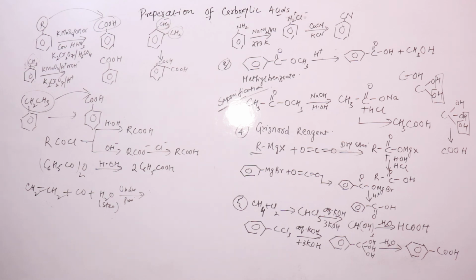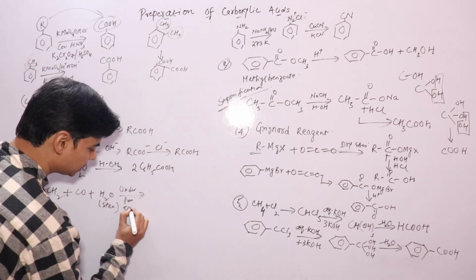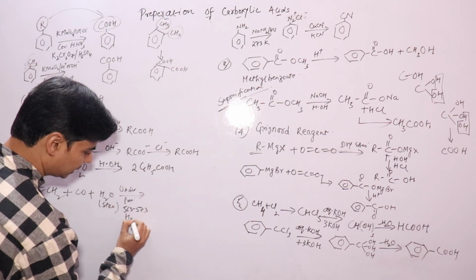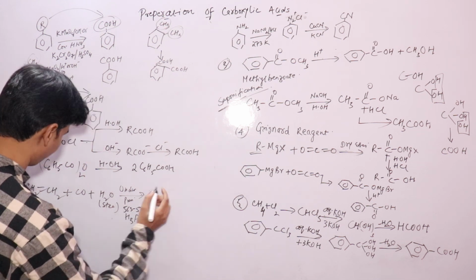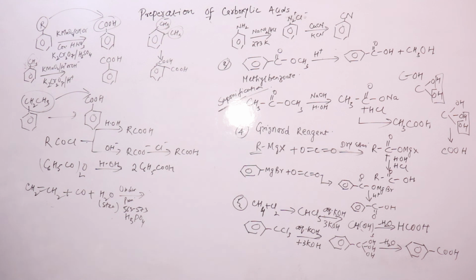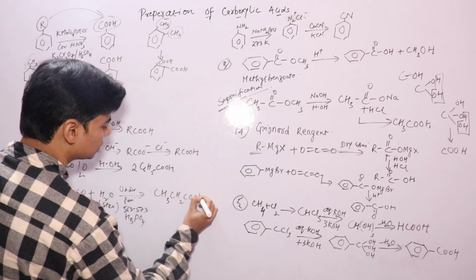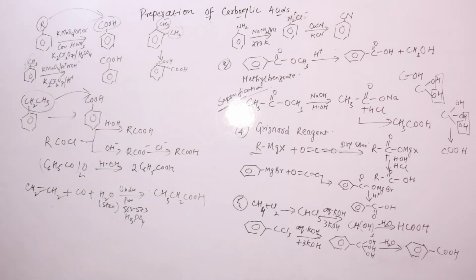The temperature should be 563 to 573 K, and there should be a catalyst, phosphoric acid. The acid that will get formed in this reaction is CH3CH2COOH.